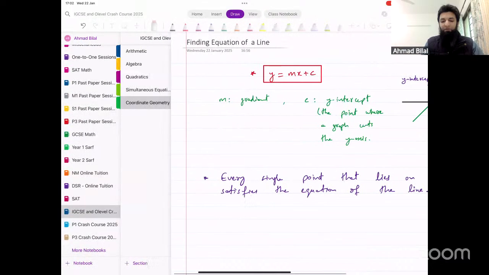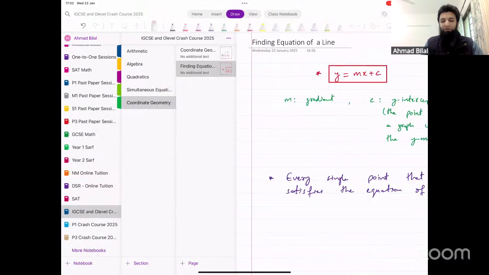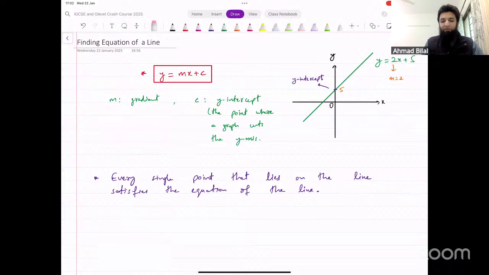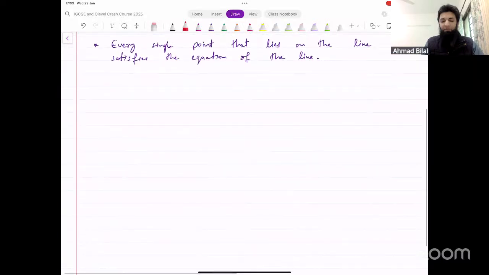We are done with these topics until now: arithmetic, basic algebra, quadratics, where we talked about quadratic equations and completing square form, and simultaneous equations, how to solve simultaneous equations which are both linear. And now we're doing coordinate geometry, and most of the difficult topics are still to come. Okay. All right. So how do you find equation of a line?